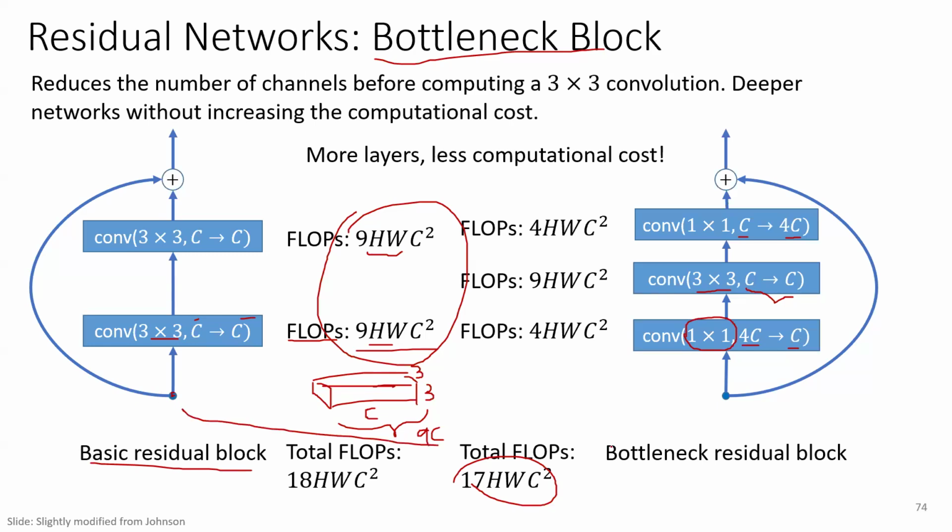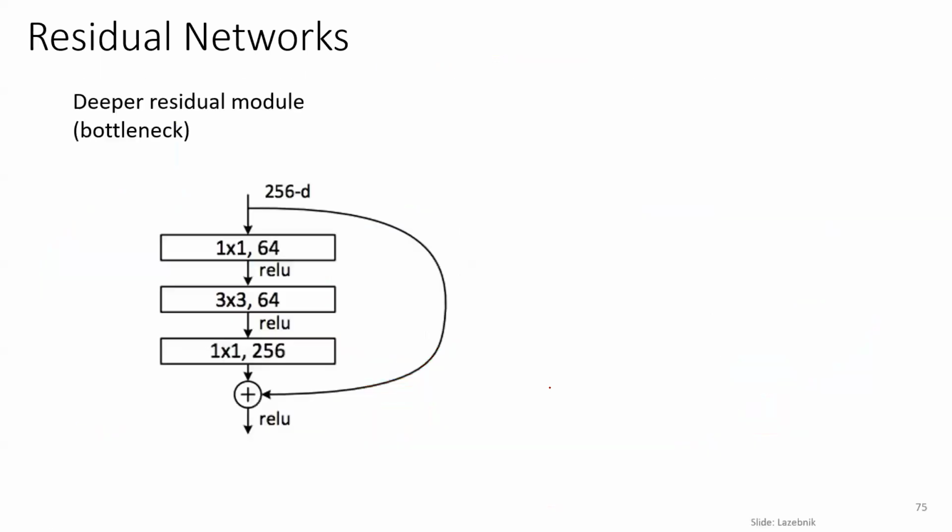In both these cases, we have to equal the number of channels. If the input number of channels is 256, this is also 256. So here 4C is equal to 256, and C is 64. That's the difference, so you cannot just use these formulas to compute.